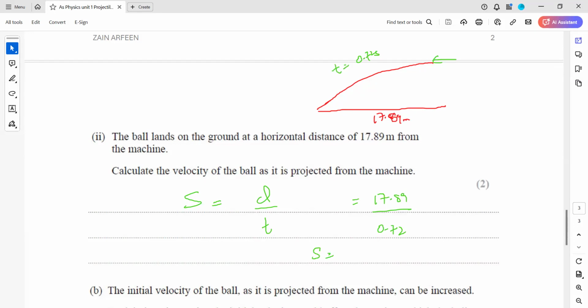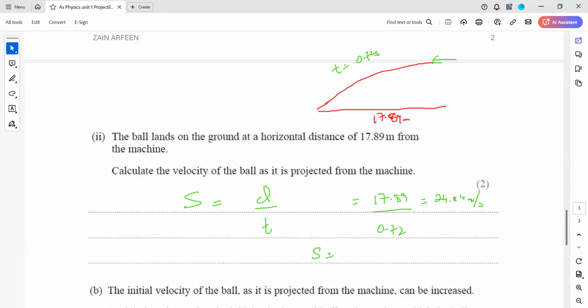So 17.89 divided by 0.72 is 24.84 meters per second. That is the speed at which it is launched.